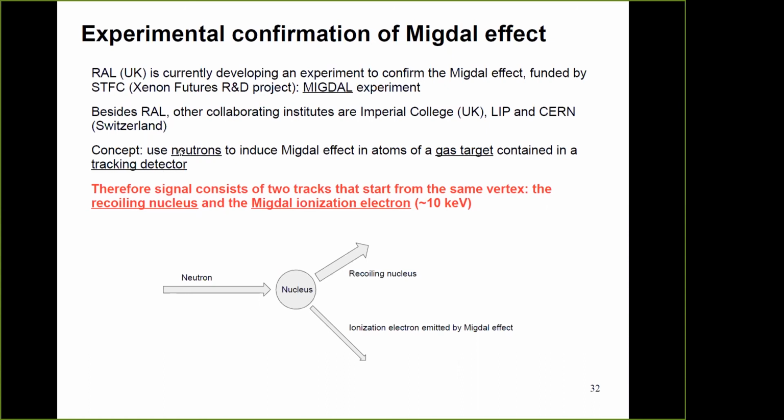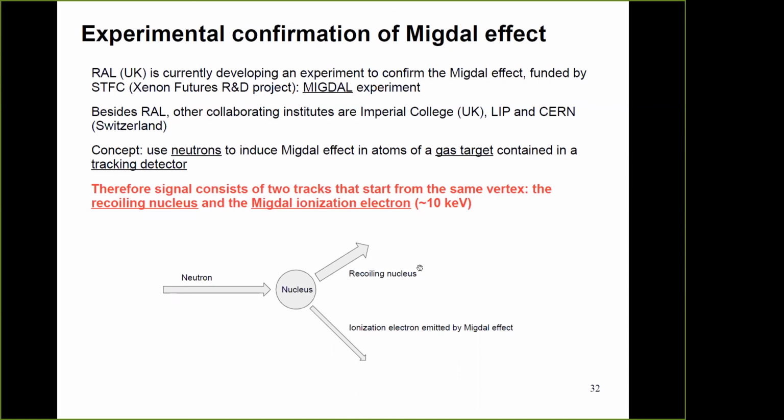We plan to induce the Migdal effect in a tracking detector using neutrons. The idea is to induce the Migdal effect with a perturbation in the nucleus caused by a neutron, and then observe the recoiling nucleus and the Migdal electron, so 2 tracks, with a tracking detector.